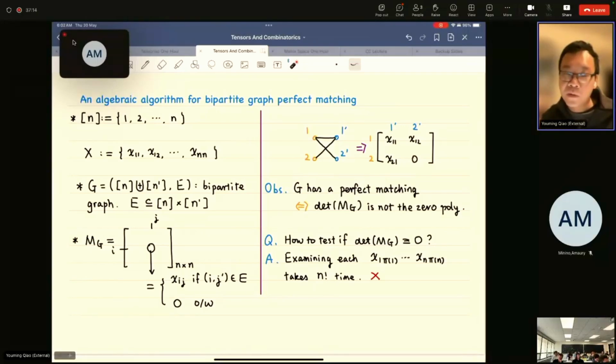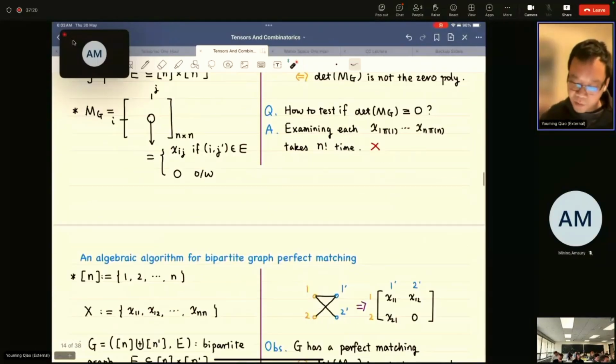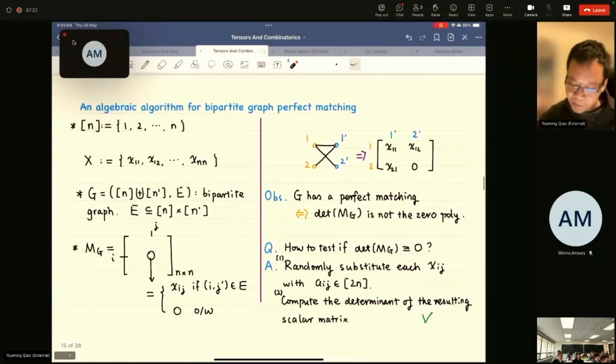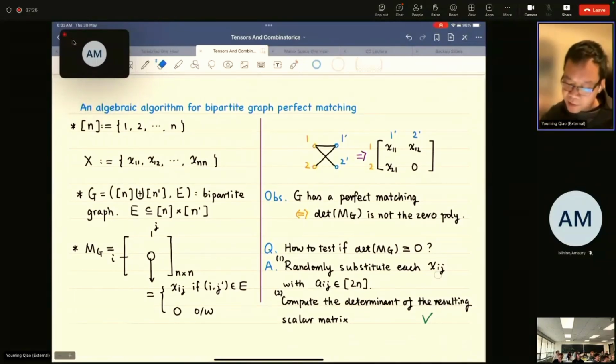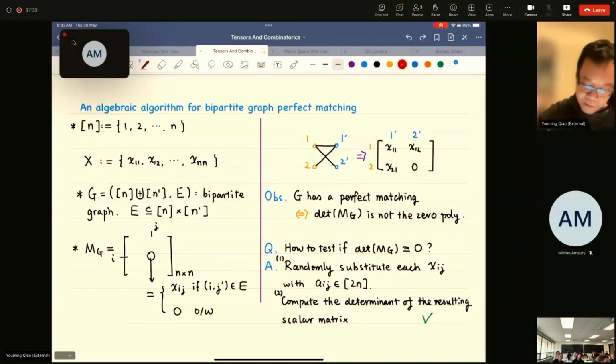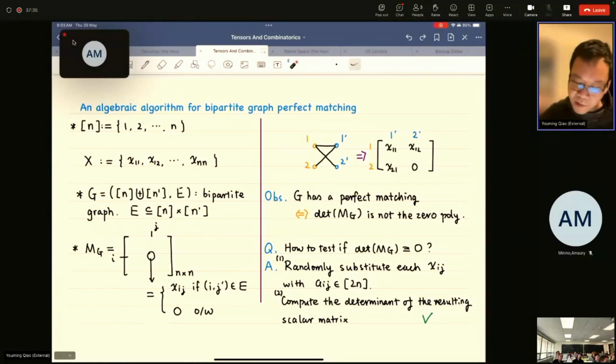So you cannot do this in a brute force way, but here is the trick. These xij's are variables, so it means that you can substitute these xij with some concrete values.